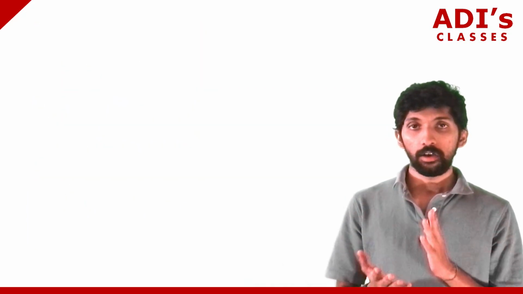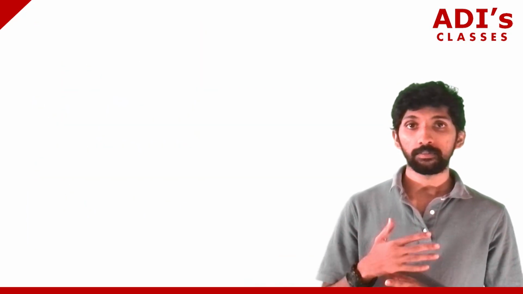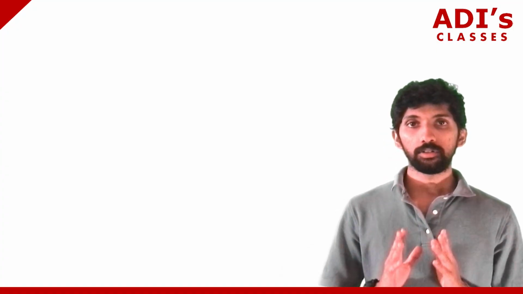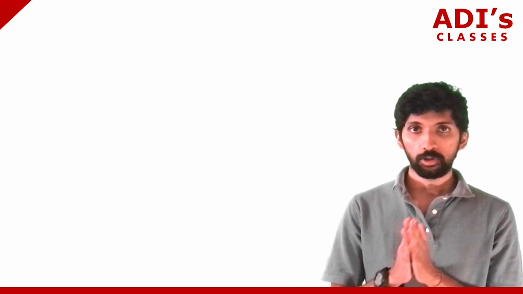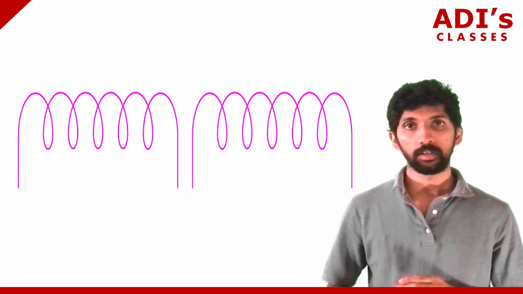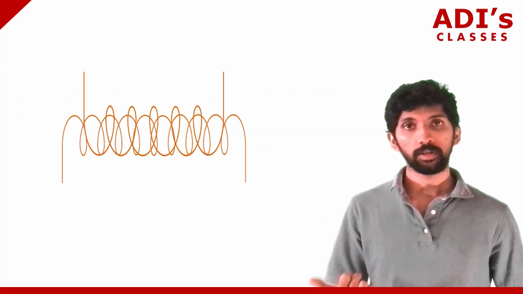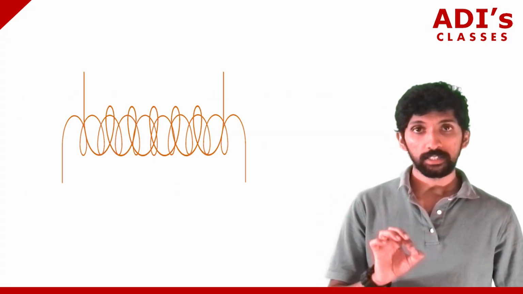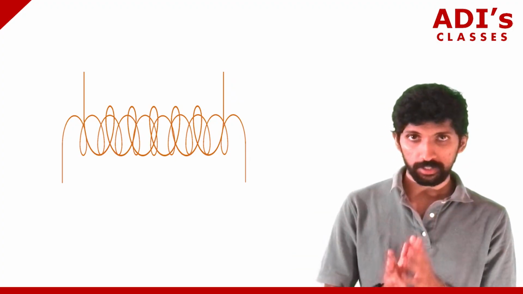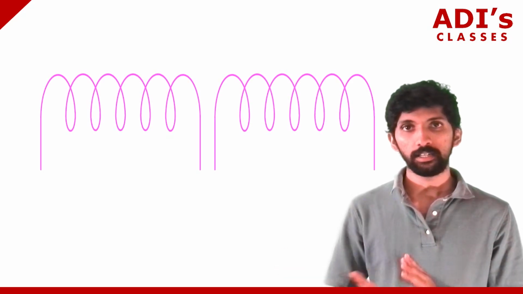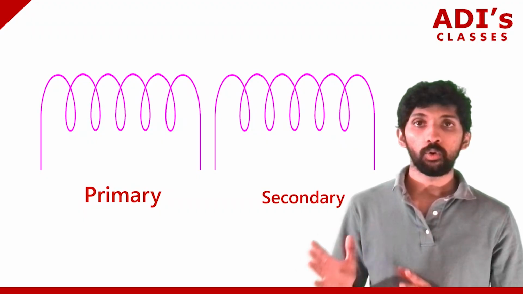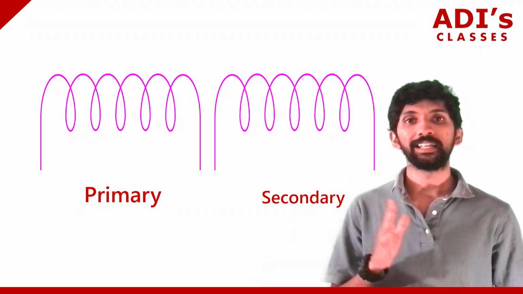Now we need to look at when the flux linking with the two coils will be maximum and when it will be minimum. The first one is the coaxial one, and in coaxial there are 2 types. This is one coaxial and this is one more coaxial. In the first type, the flux from the first coil, let's say this is the first coil and that's the second coil, only part of the flux will be linking with the second coil.